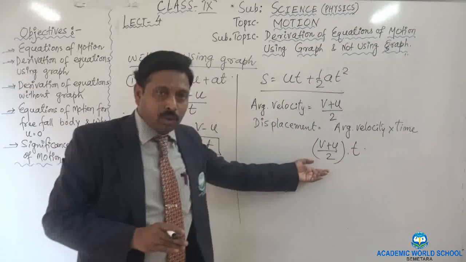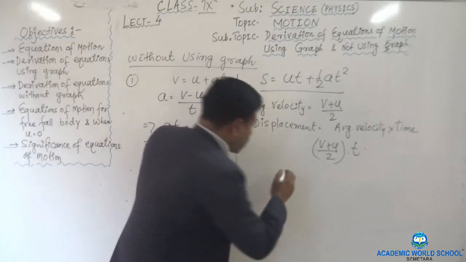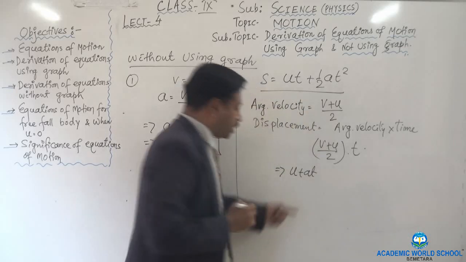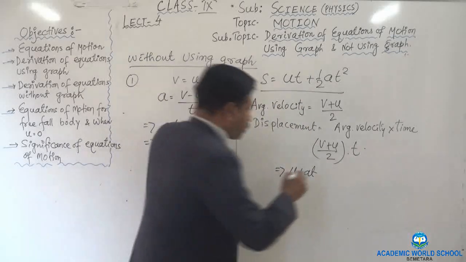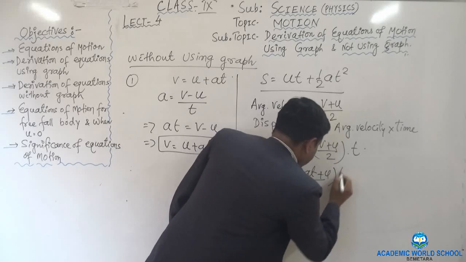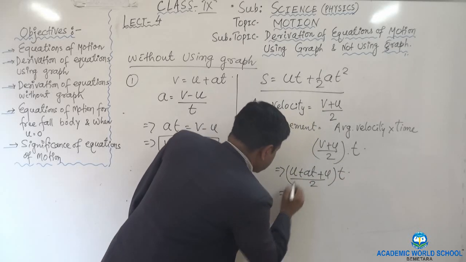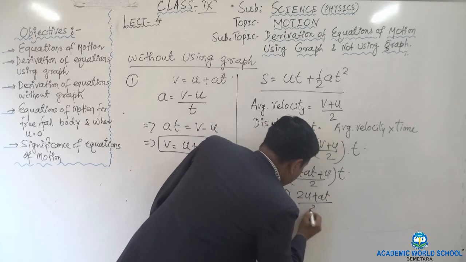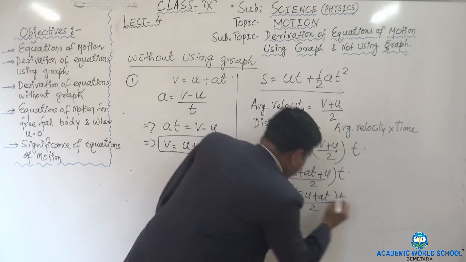Right? Now we have to expand it. So how to expand? You write v equal to u plus at according to the first equation of motion, plus u upon 2 into t. Okay? So now you see u plus u equals 2u plus at, upon 2 into t.